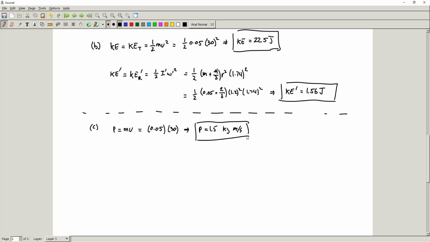Now, what is our linear momentum after the collision? Well, again, we could ask, what do we expect? Do we expect that our linear momentum would be larger or smaller after the collision? We may think smaller, right? This thing is having a collision. Maybe some of it's lost.